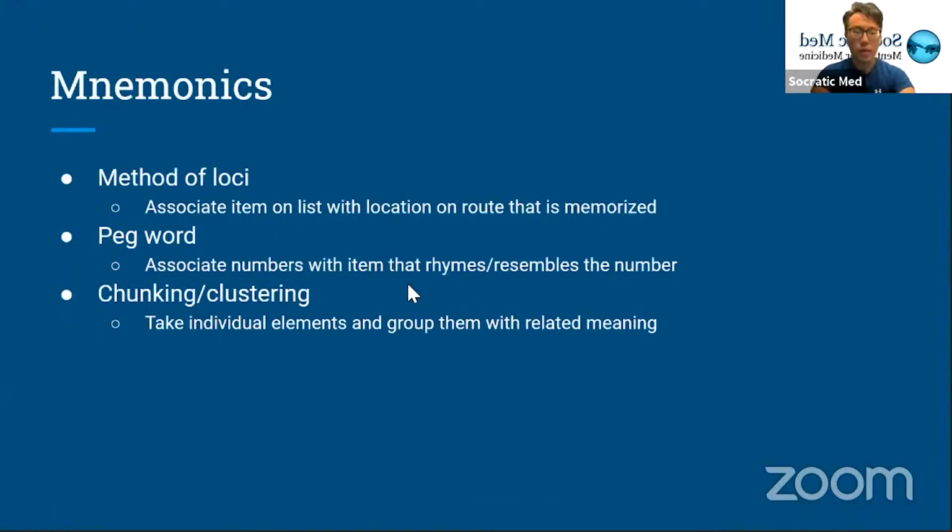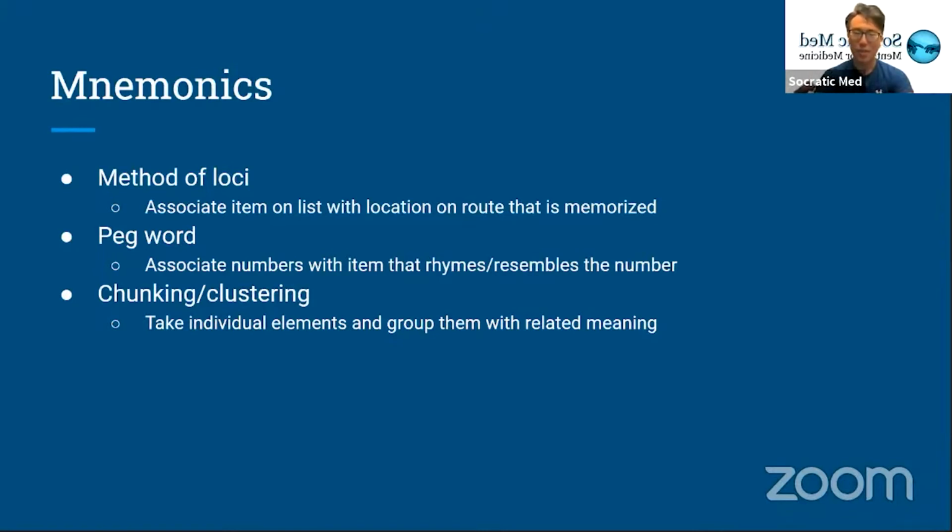There are a few different mnemonics covered on the MCAT. The first one is called method of loci. Loci is Latin for location. With this mnemonic, you associate a particular item on a list that you want to remember with a location on a route that you already know. This one I don't really understand.